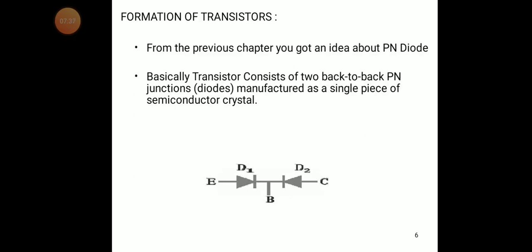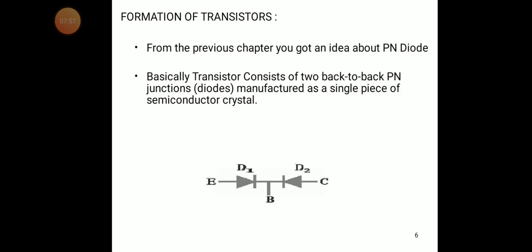Whenever P material and N material combine, a junction is formed. That's why it is called a PN junction diode.